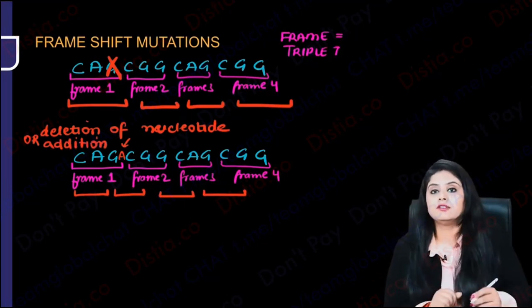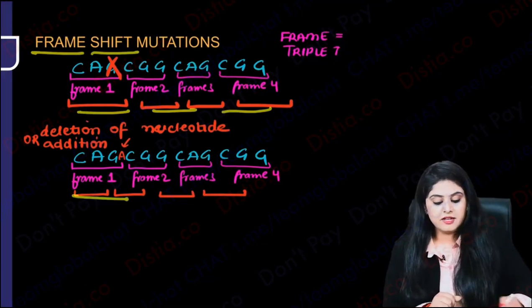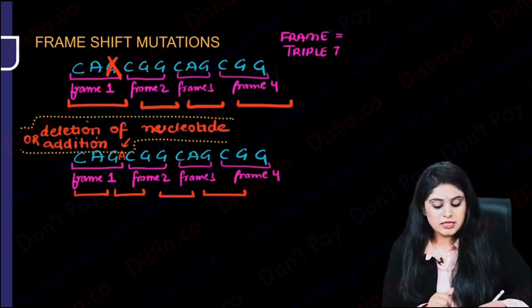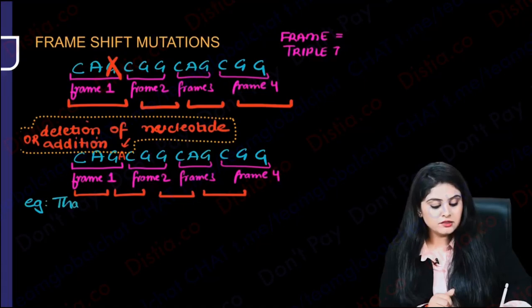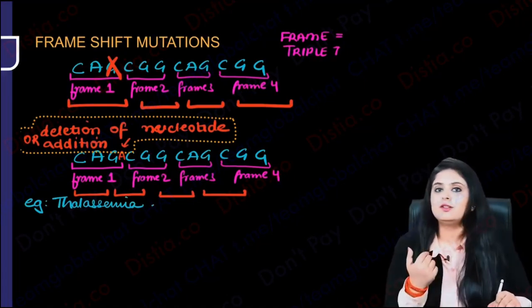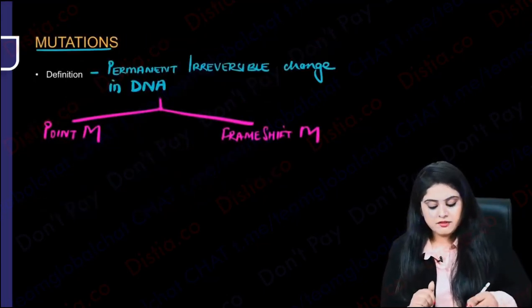Both of them are going to result in a shift in the frame. So simply, a frame shift mutation is because of a deletion or an addition of a nucleotide, and that is also seen in cases of thalassemia. So when you go back, guys, and study your thalassemia chapter in pathology, you will see all these mutations over there. So we are done with the mutations, that is the point and the frame shift mutations.